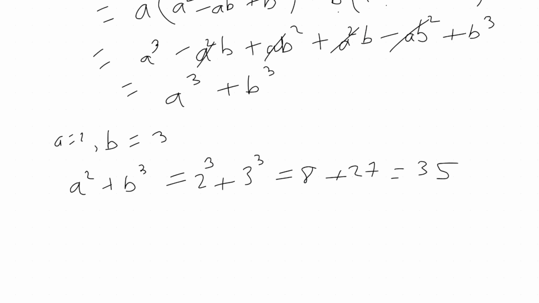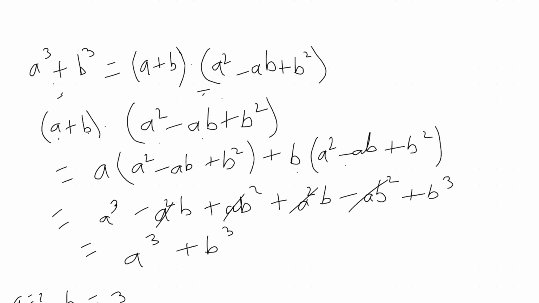Let us try to do the same thing with the formula. So let us say 2 cube plus 3 cube. What was the answer for this thing? A plus b into a square minus ab plus b square.